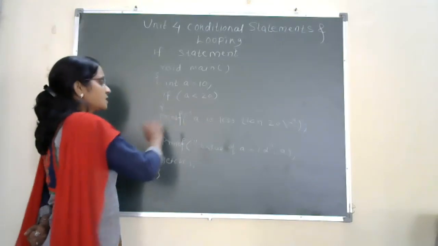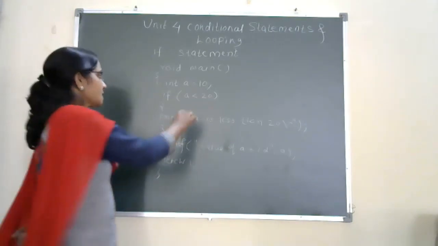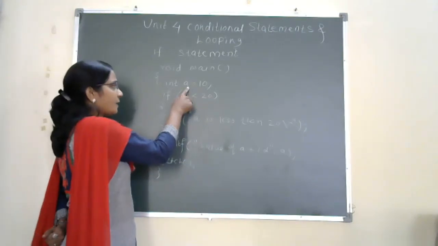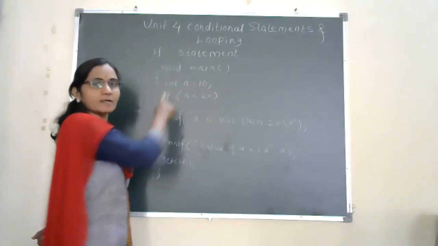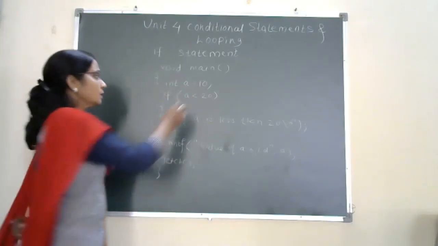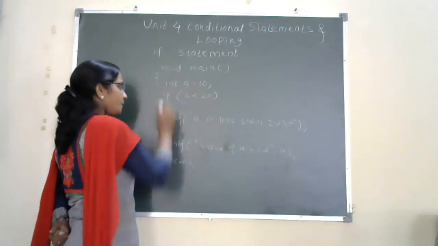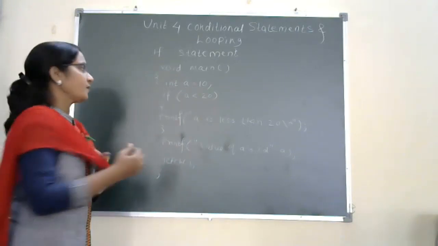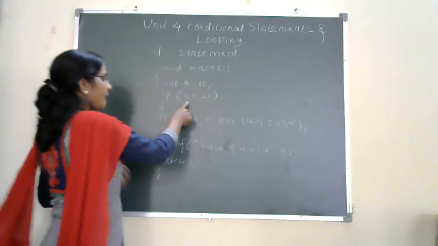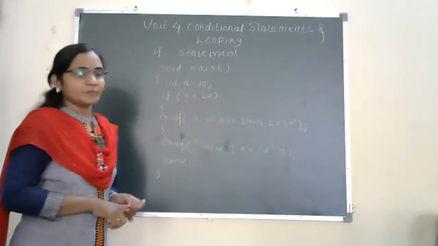See, it's a very simple example. I am taking one variable a of type integer and assigning the value 10 to it, and afterwards I check whether the value of a is less than 20 or not.